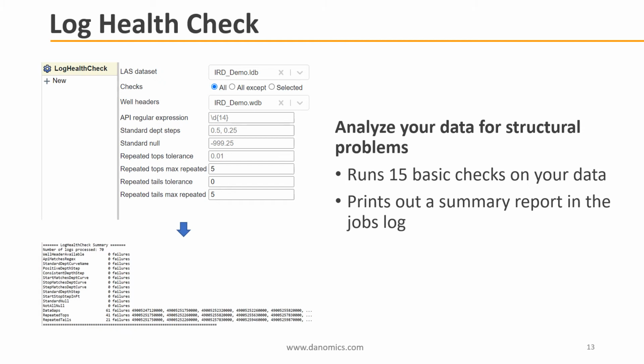So it'll check for things like, do you have repeated tops or tails on your logs? Do you have data gaps within your well logs? Do you have consistent depth steps? Does that match the information that's in the LAS header, etc.? So running this tool can help you identify problems that may affect your subsequent interpretation.